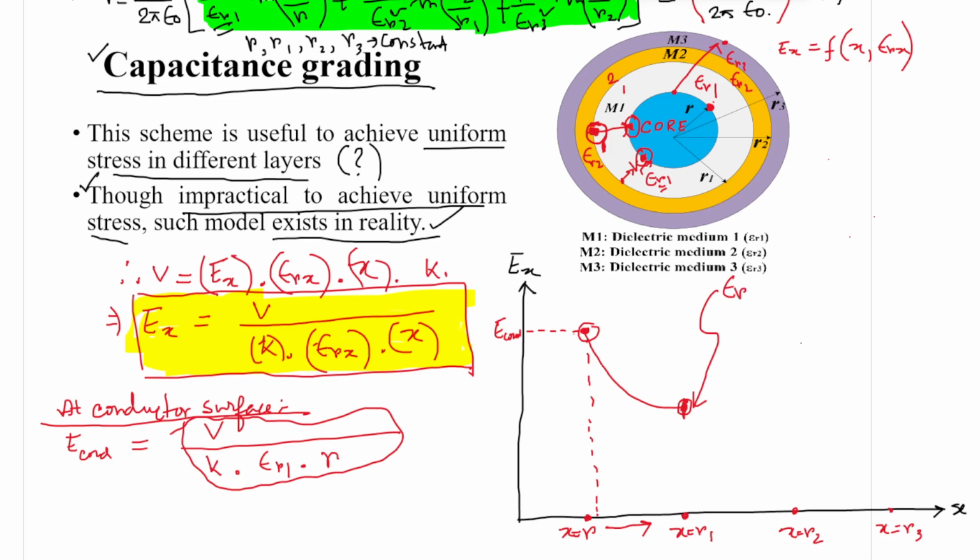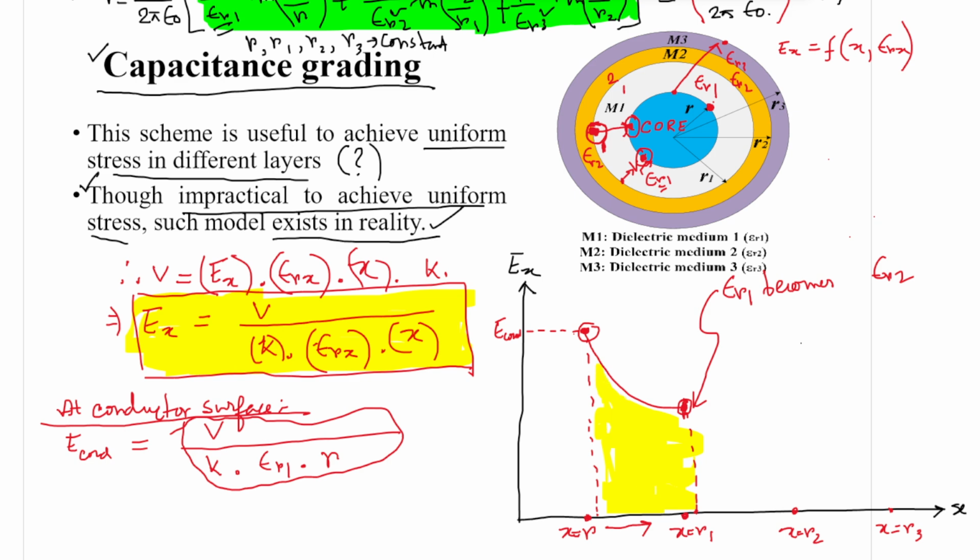At this point your epsilon R1 becomes epsilon R2, because you are now at this point. Let me sketch this properly.